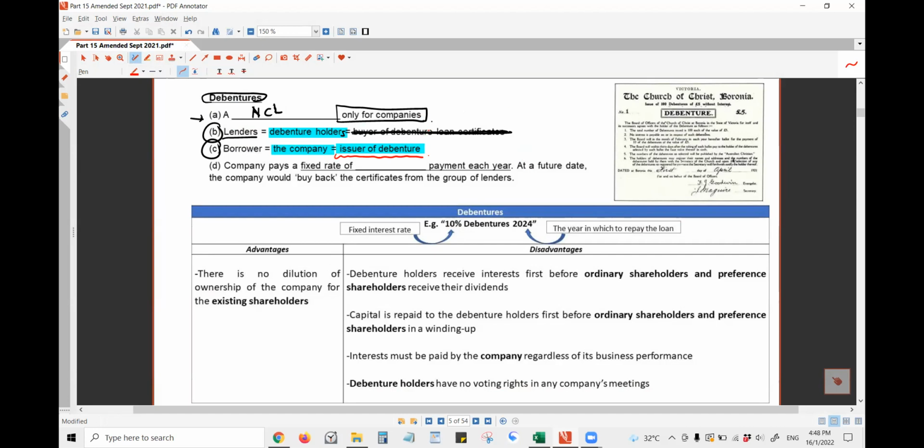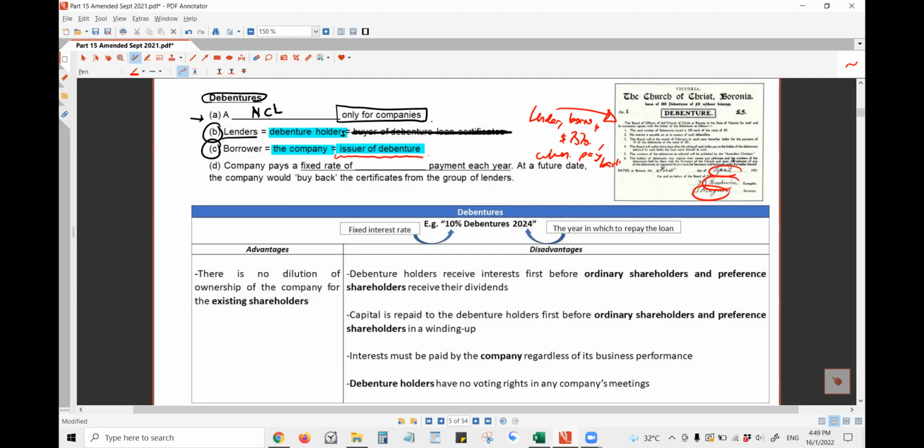In fact, on the right-hand side, you see a picture here. That's an example of debenture that I found online. It's a piece of paper. And on this piece of paper, what would be written is who is the lender, who is the borrower, how much has been borrowed, and when it would be paid back in the future. And then there will be signatures here and there, indicating that there's a debt that exists.